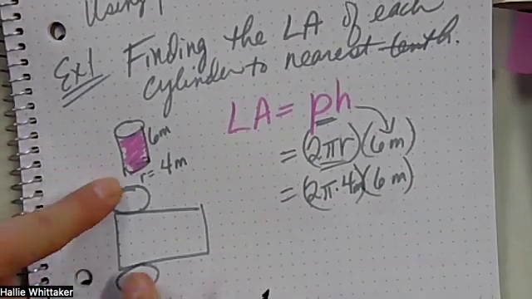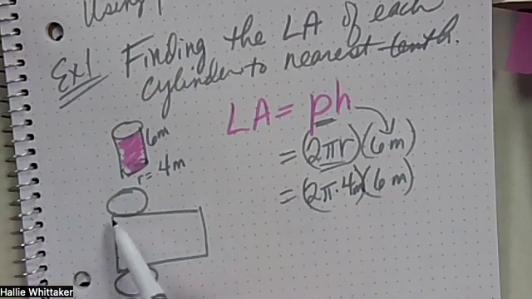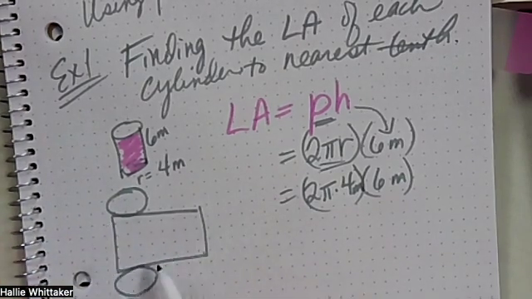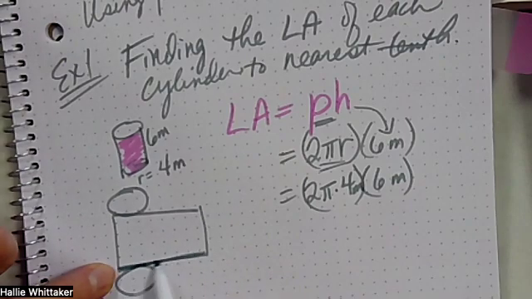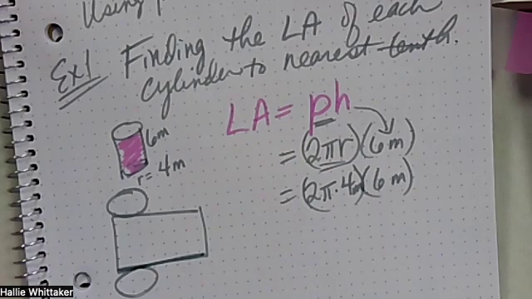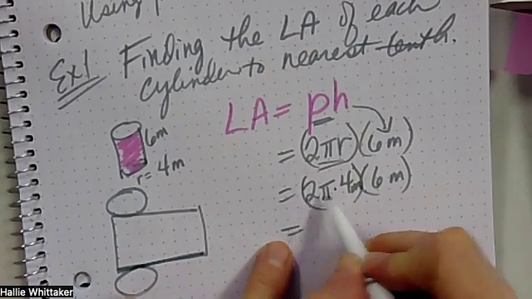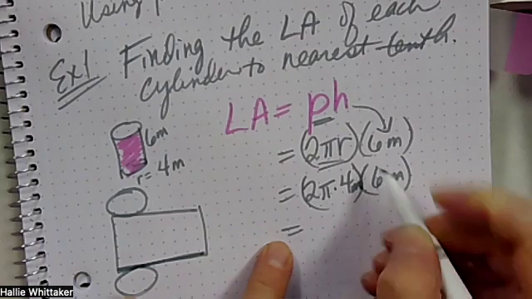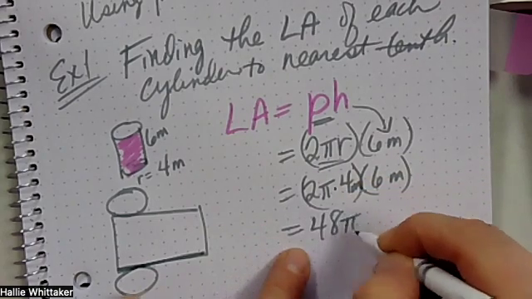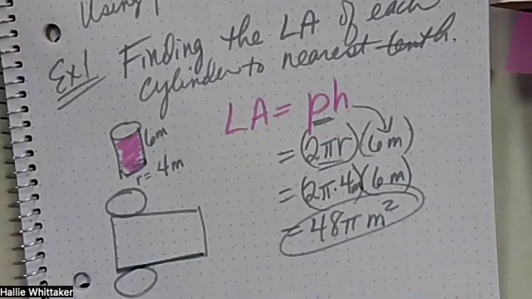You fold up the top, fold down the bottom, and that circular part, if you spread it out, becomes a rectangle. But still, that length right there is going to be 2 pi r. If you put it back together, it still makes a circle. So anyhow, 4 times 2 is 8. 8 times 6 is 48 pi meters squared. So we're going to leave it in pi just to save time.